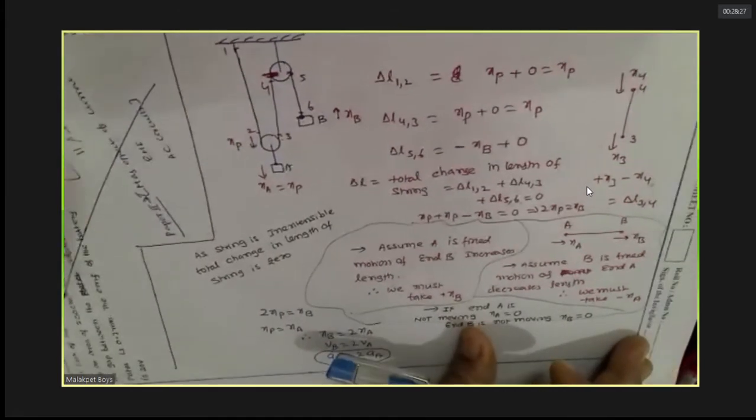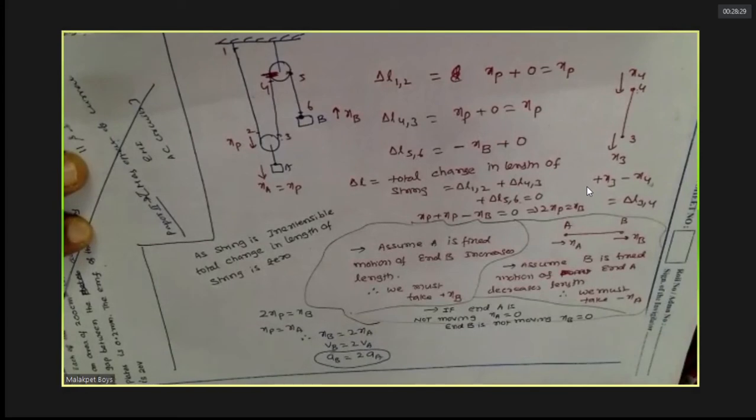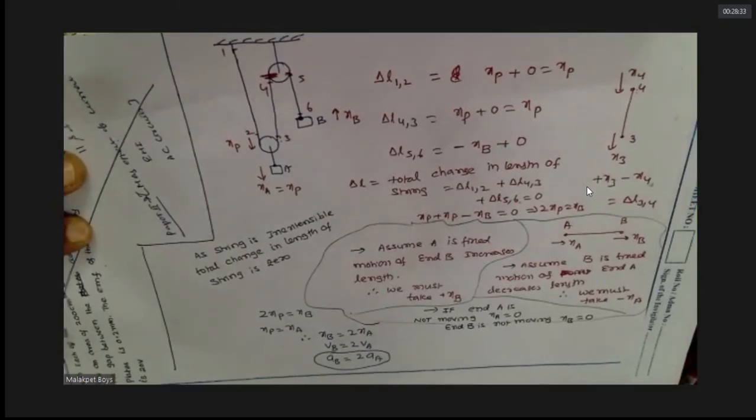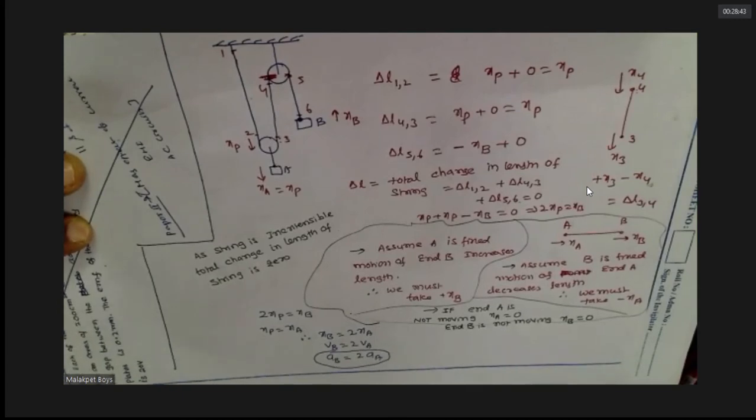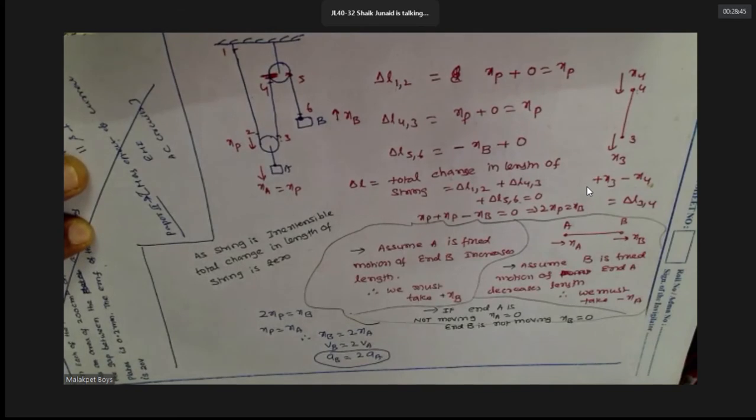Is there any doubt till here? Shall I turn the page? Please don't change the page, sir. But the lengths of string 1, 2 and 3, 4 are not equal, sir. You took them equal.